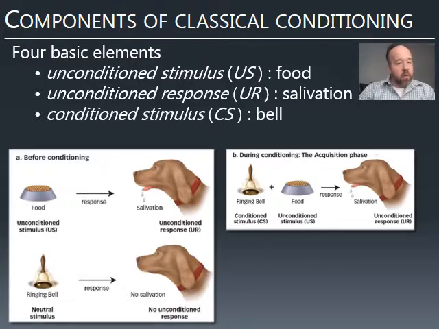What Pavlov did, of course, was ring the bell at the same time that food was presented. So now you have a pairing of these two events in the environment. That's what classical conditioning is about. It's about understanding the connection between events out in the world. So the conditioned stimulus is the bell, because after learning, the dog now responds to the bell.